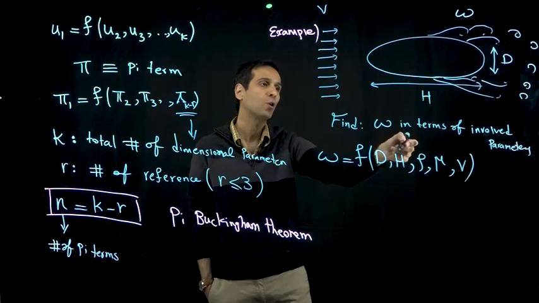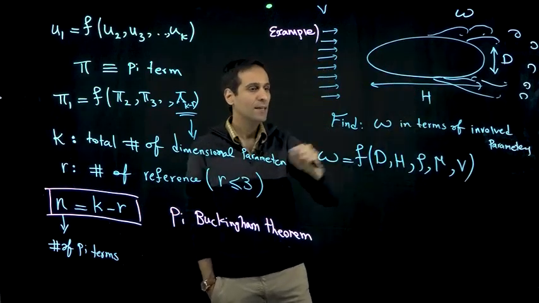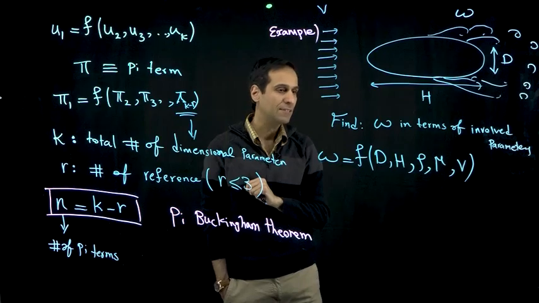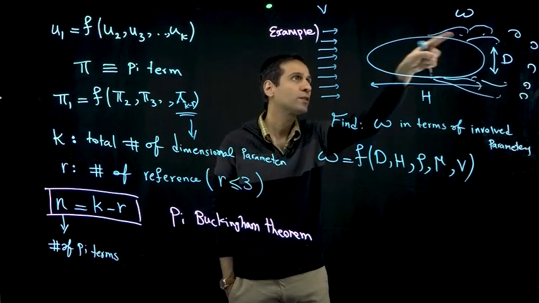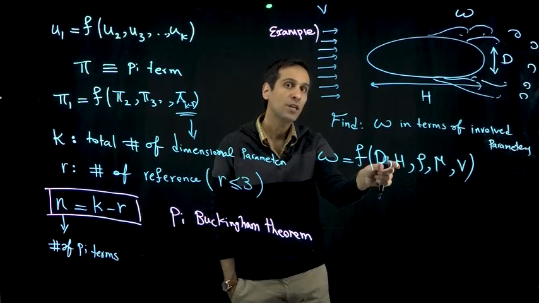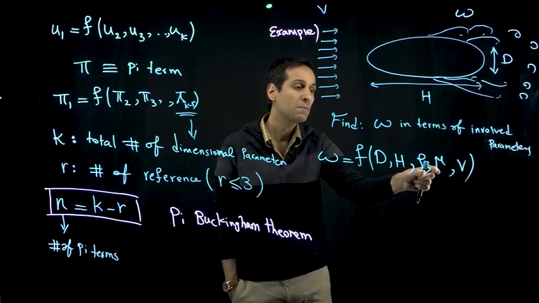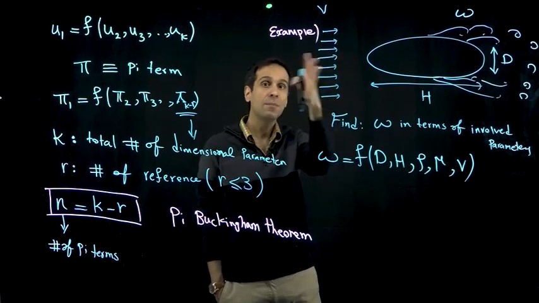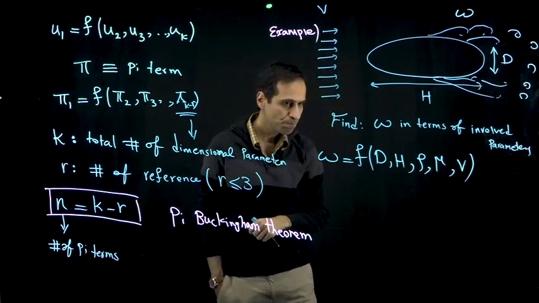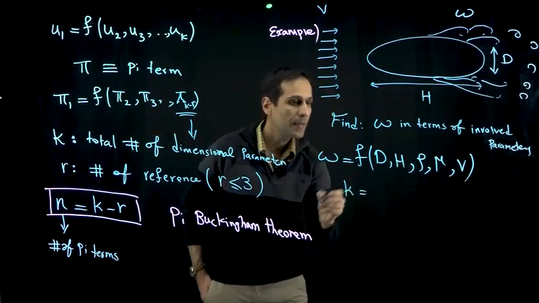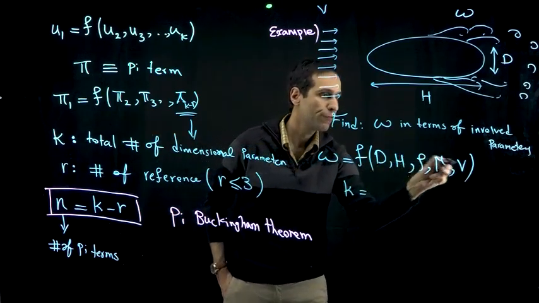So it is not very uncommon to assume that this vortex shedding frequency can be a function of D and H, the size of the structure, rho and mu, the properties of the fluid air, and V, the property of the flow. So the number k is 1, 2, 3, 4, 5, 6.